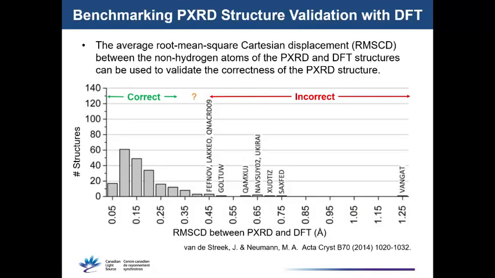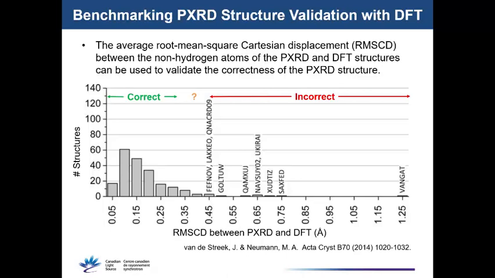The agreement between the PXRD and the DFT structures can even be used to validate the correctness of the PXRD structure. So Van de Streek and Neumann looked at over 200 published PXRD crystal structures, and they compared the average RMS displacement between the PXRD and the DFT optimized models.